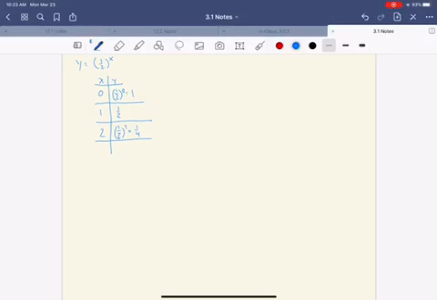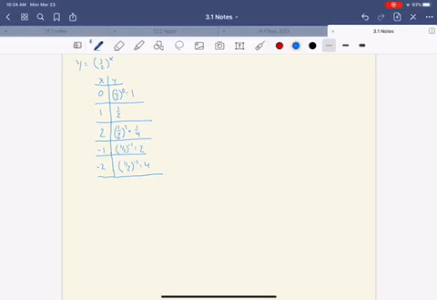If x is equal to -1, y is 1/2 to the -1, which is going to be 2. And if x is -2, y is 1/2 to the -2, which equals 4.